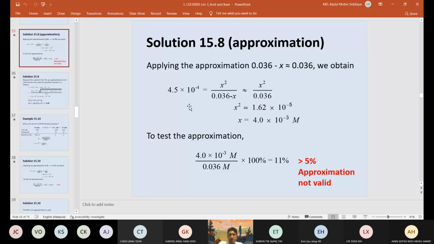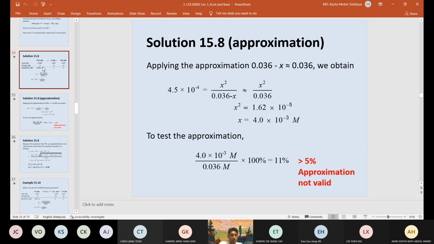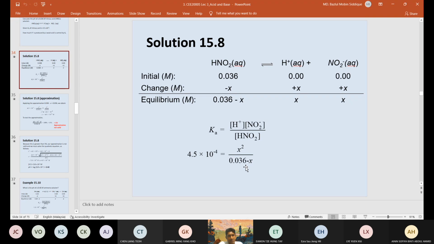So we have seen from the approximation method how to solve the concentration changes for a weak acid or weak base, right?